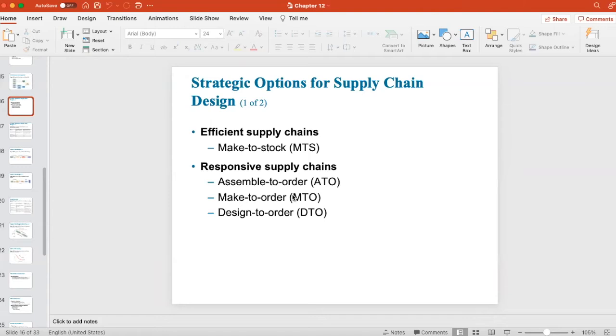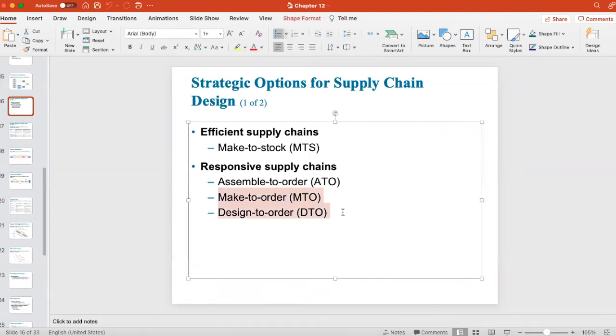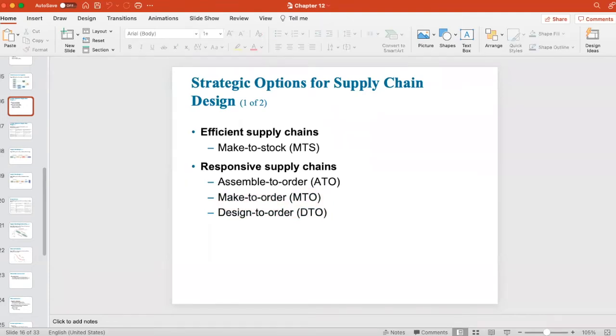Now, let's first move to the last 2 types of models, which are called make to order and design to order. In these 2 models, the decoupling point is the farthest away from the customer. This basically indicates that when the customer tries to order this product, the company hasn't even started the production process.